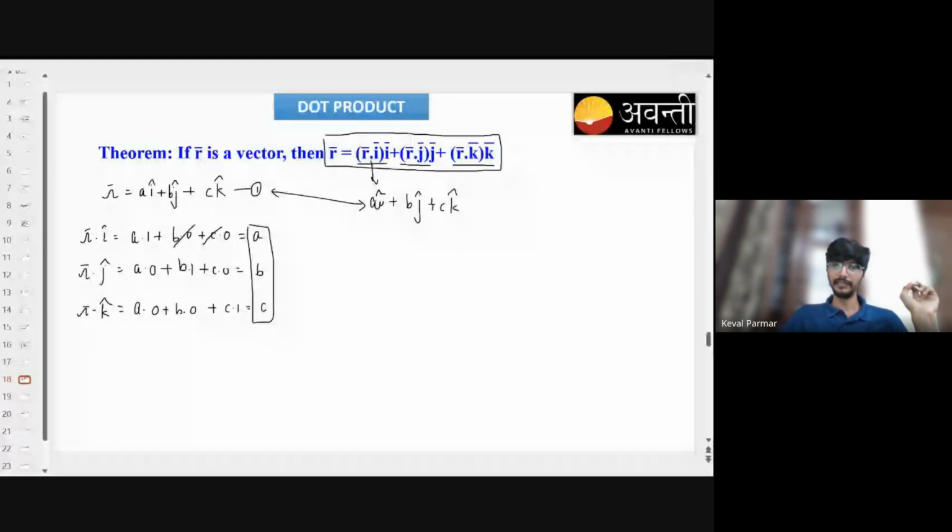Correct, guys? Clear? Super. So the theorem is also clear.